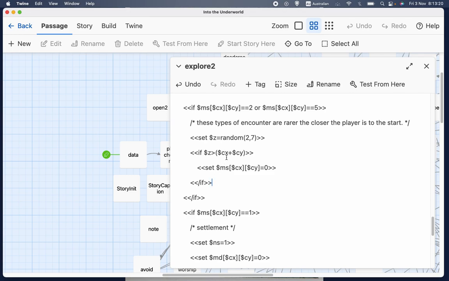Okay, so the answer is that this works fine provided I'm only starting at 0, 0 and increasing Cx and Cy. In other words, if I'm only going north and east, then this is fine. But what if I'm going, say, south?